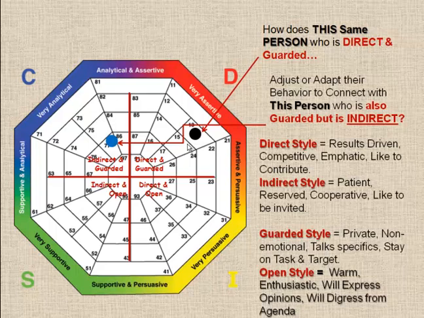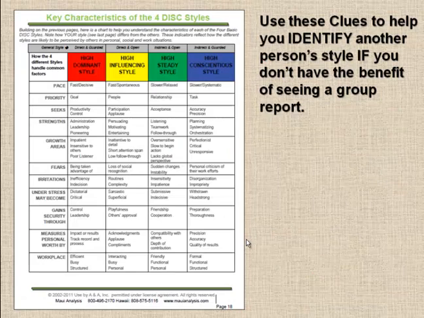Now, maybe you're saying, what if I don't have this wheel? Well, remember we talked about the clues. So study those pages. Be aware of how those people act. Then you will be able to make very good judgments about where people plot and how you can use that information to your best advantage.